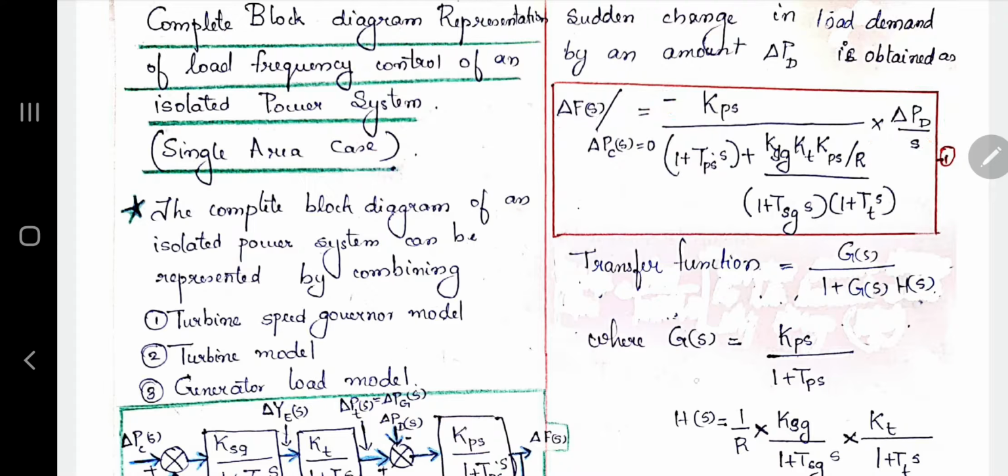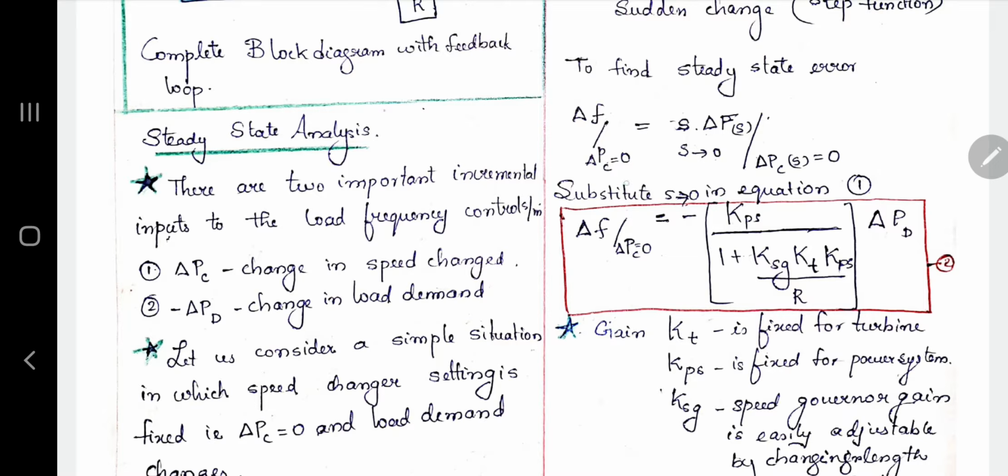Okay, now we are going to find the steady state error of the system. So how can we find the steady state error? Steady state error means what is the value at infinite time, t tends to infinity, which means s tends to 0, s into delta f of s. So s into delta f of s, we are substituting this one.